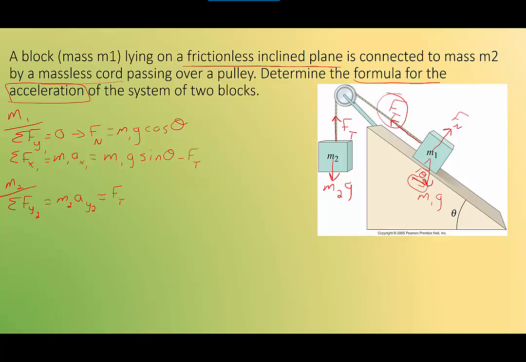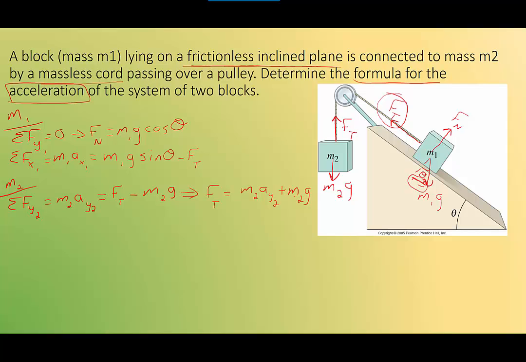So Ft minus m2g. Well, notice that there's a force of tension in both of these, so I'm going to solve this one down here for the force of tension, and the force of tension is M2AY2 plus M2G.